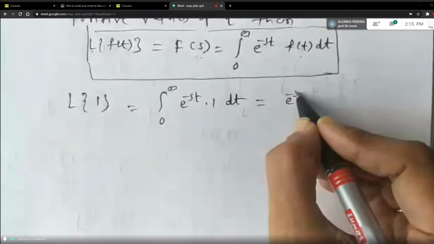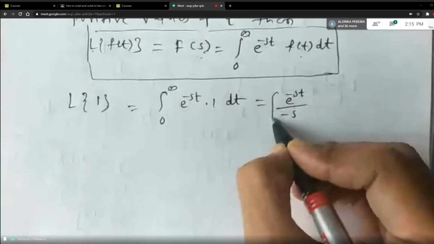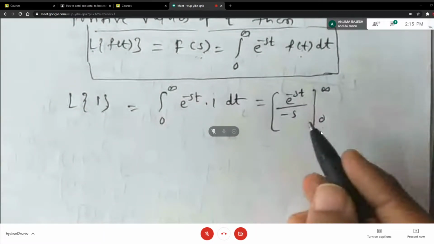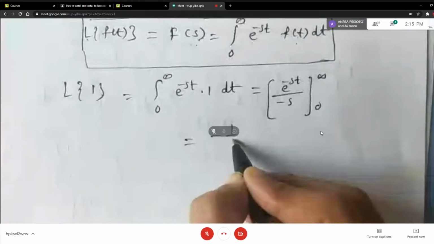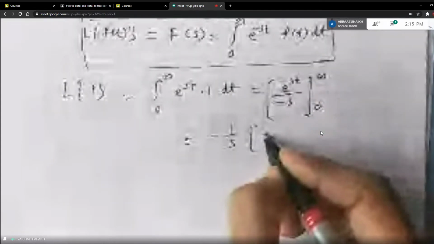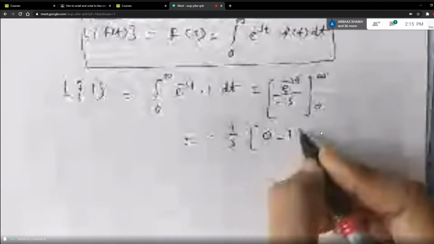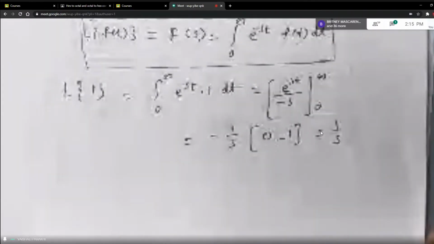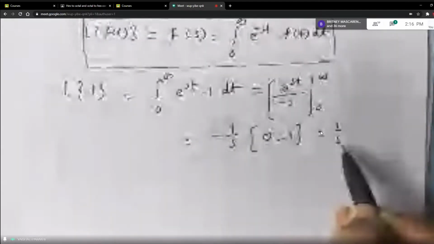The integral of e raised to minus st is e raised to minus st by minus s. The limits are from 0 to infinity. Minus 1 by s is a constant, take it out. Anything raised to minus infinity is 0, that you know, and anything raised to 0 is 1. So the answer is 1 by s.